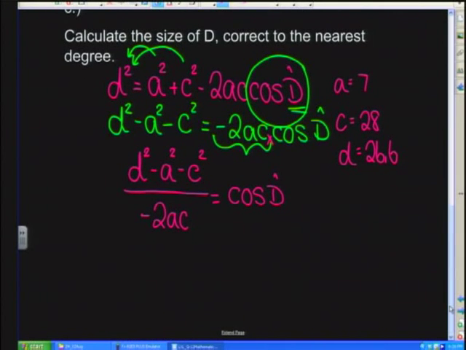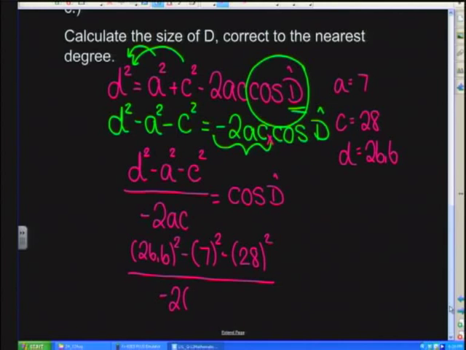We've got D, which is 26.6 squared, minus A, which is 7 squared, minus C, which is 28 squared, all over negative 2 times a, which was 7, and c, which is 28, and we're still trying to find cos d.